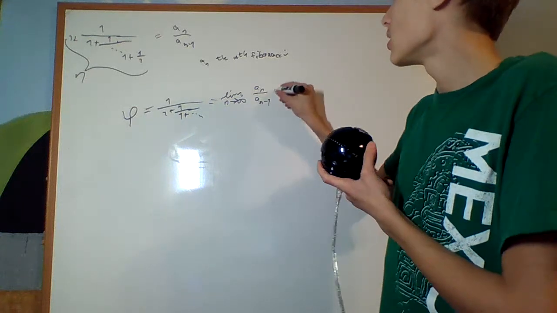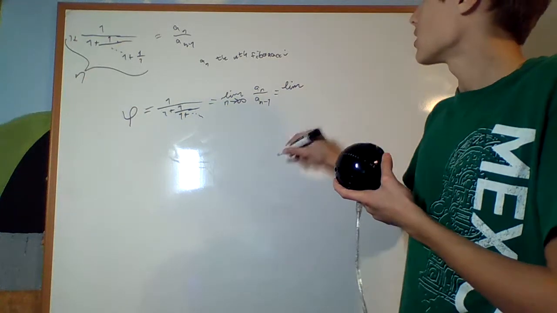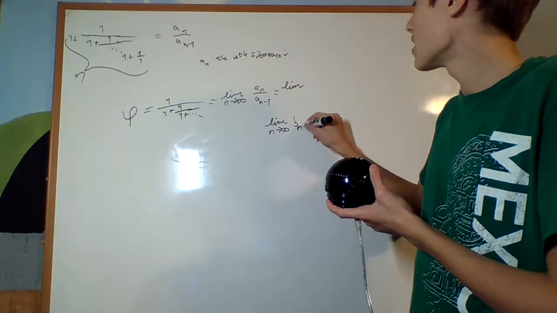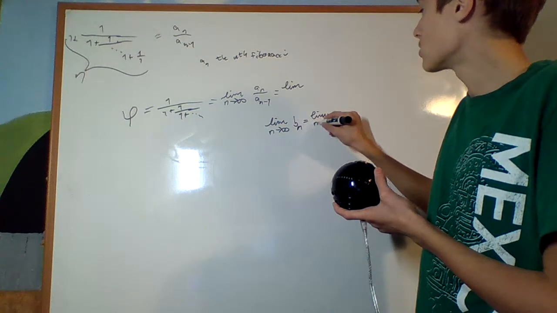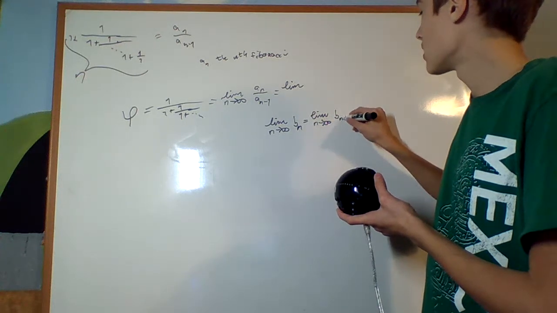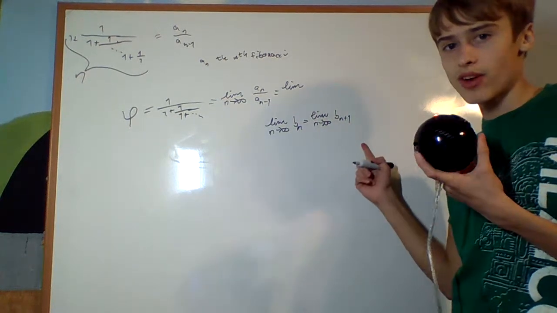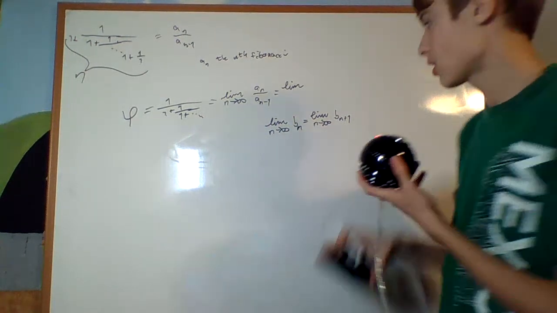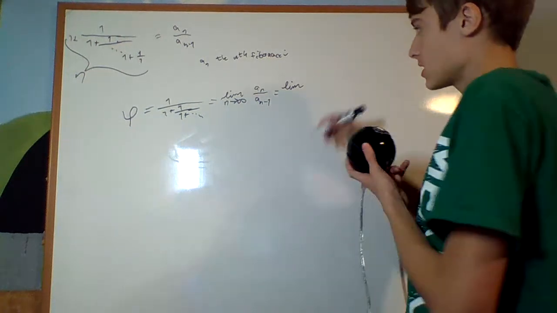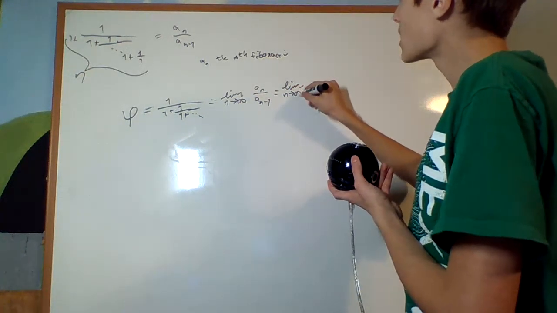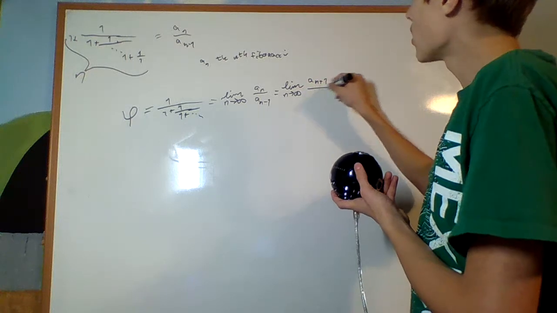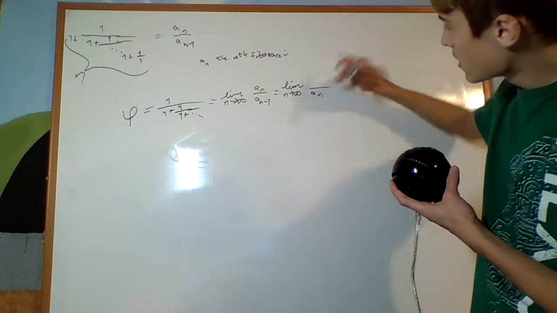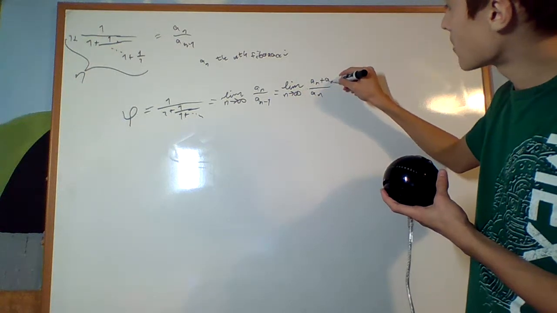But what we can do is use the fact that the limit as n goes to infinity of bn is going to be the limit as n goes to infinity of bn plus 1. Okay? Those two things, it's very easy to prove that these two things converge to the same value. So then, we get this is equal to the limit as n goes to infinity of an plus 1 over an. Right? Oh, but an plus 1 is going to be an plus an minus 1.